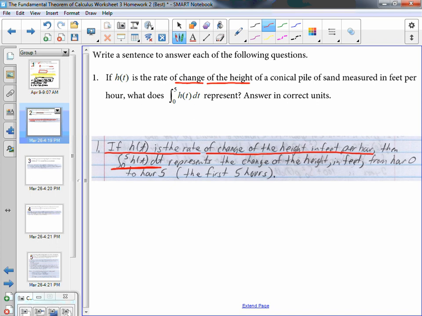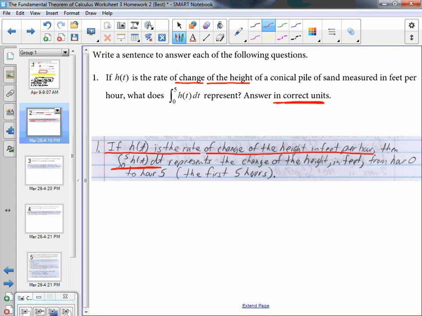If h of t is the rate of change of the height in feet per hour, then the integral from... the total, and I should have written in the total amount. The total amount of what? Change. Change of what? Height. Answering with correct units: how's the height measured?